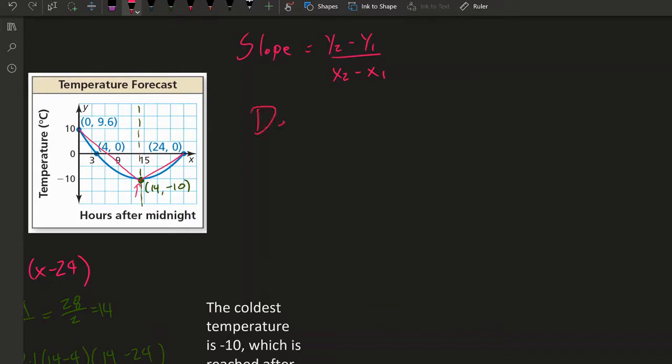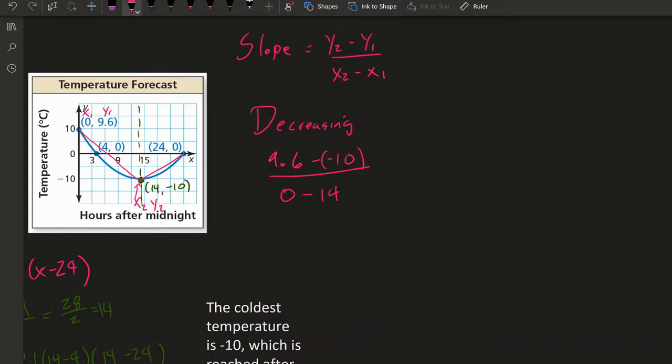So for the decreasing temperature, I would say this is x1, y1, this is x2, y2. So that would be 9.6 minus -10 divided by 0 minus 14.